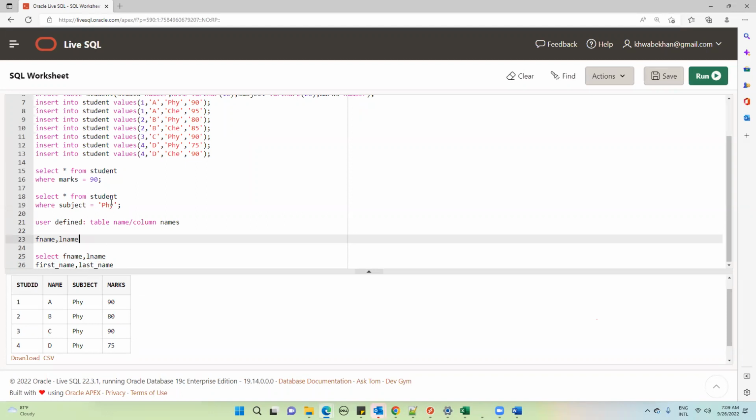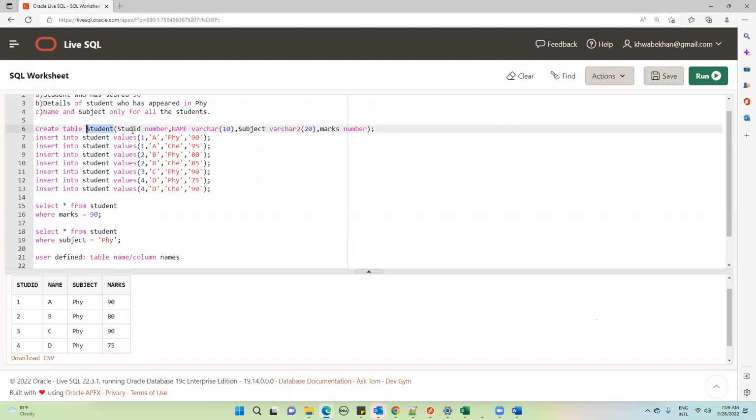So I repeat, the table name and column name can be anything, whatever you want. You have all the freedom. You can write any name. That should not be a reserved keyword. Like here, WHERE is a reserved keyword. The SQL engine has some special meaning for this.